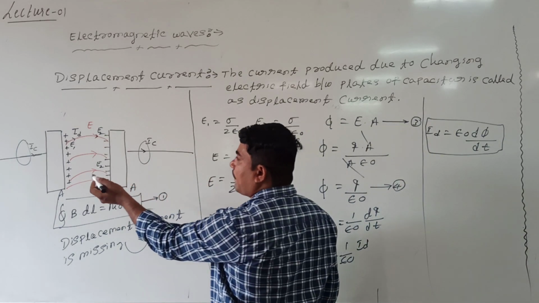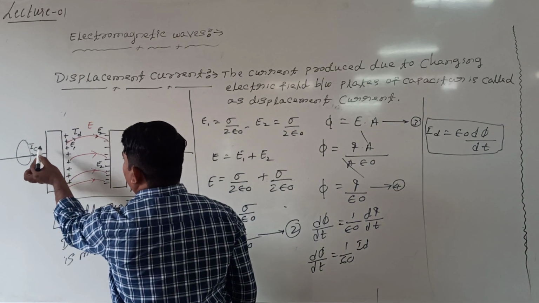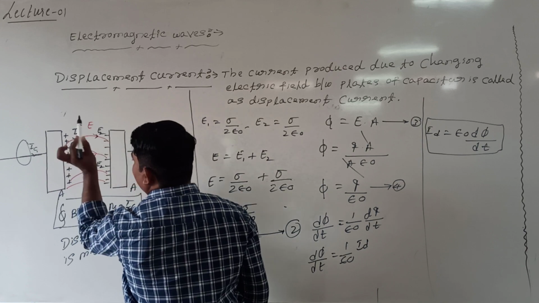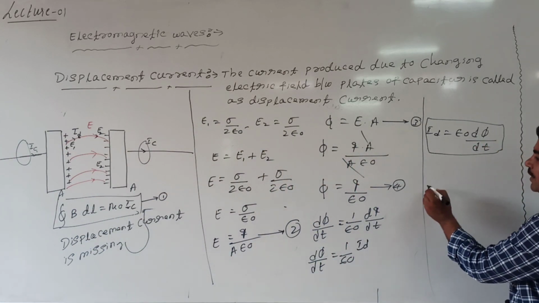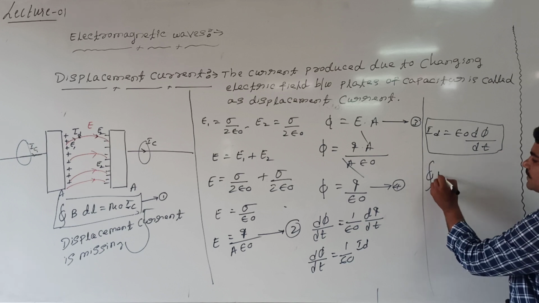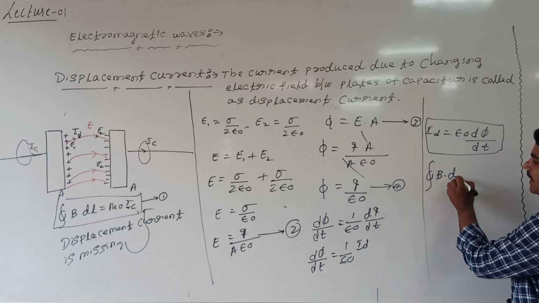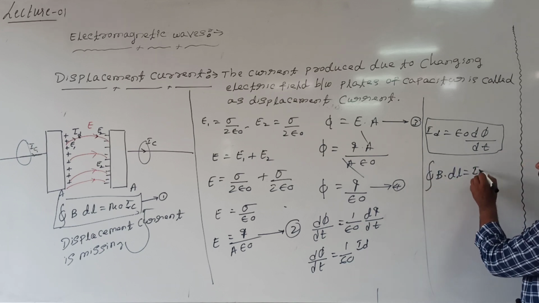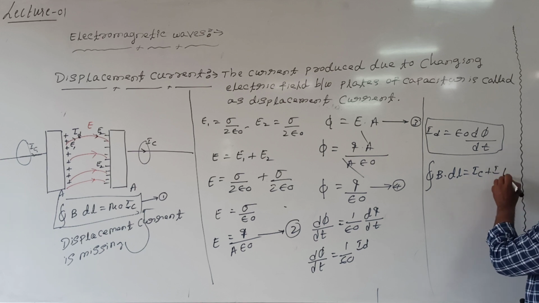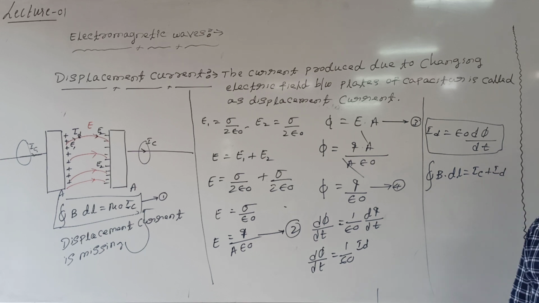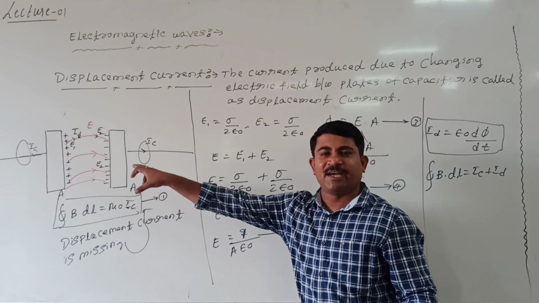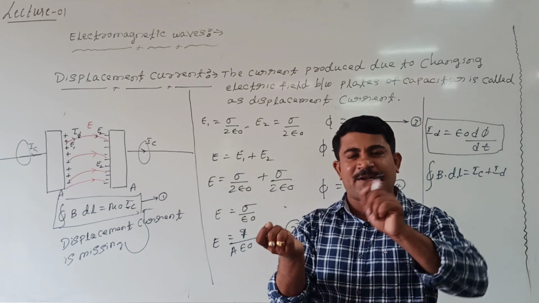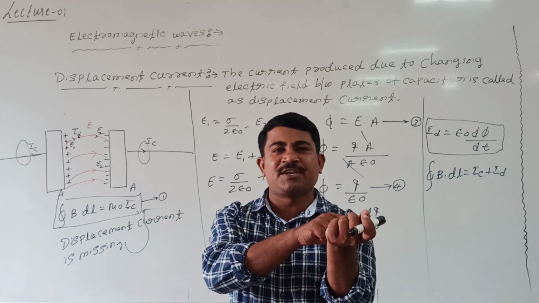Outside the plates of the capacitor, conduction current exists. In between the plates of the capacitor, displacement current exists. So the Ampere Circuit Law can be modified in this way. It can be written: line integral of magnetic field is equal to conduction current plus displacement current. Right or wrong? Conduction current exists outside the plates of the capacitor, displacement current exists between the plates due to the changing electric field.